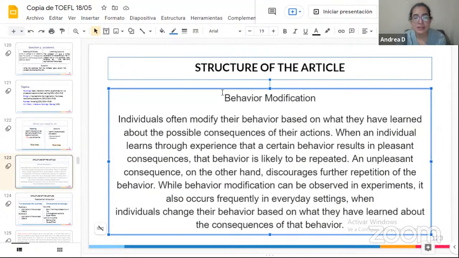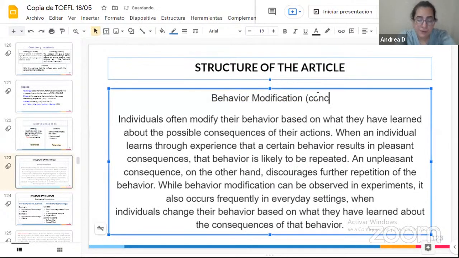And why? Because this is one of the most important parts. This is even more important than it was in question 2, because in this case, this is not a summary, or like what the topic could be about. This is a concept, okay?